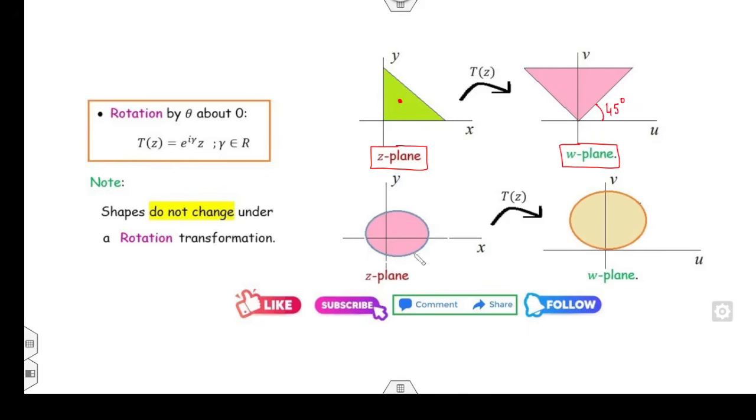If the original shape is a circle, then after the transformation the shape is again a circle. It can never happen that the original graph is a triangle and after the transformation it becomes a circle. That can never happen in the case of rotation.